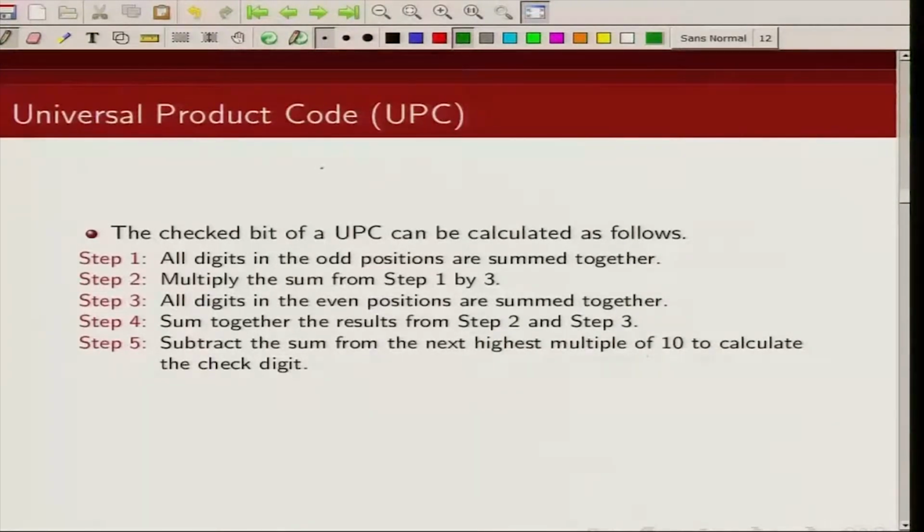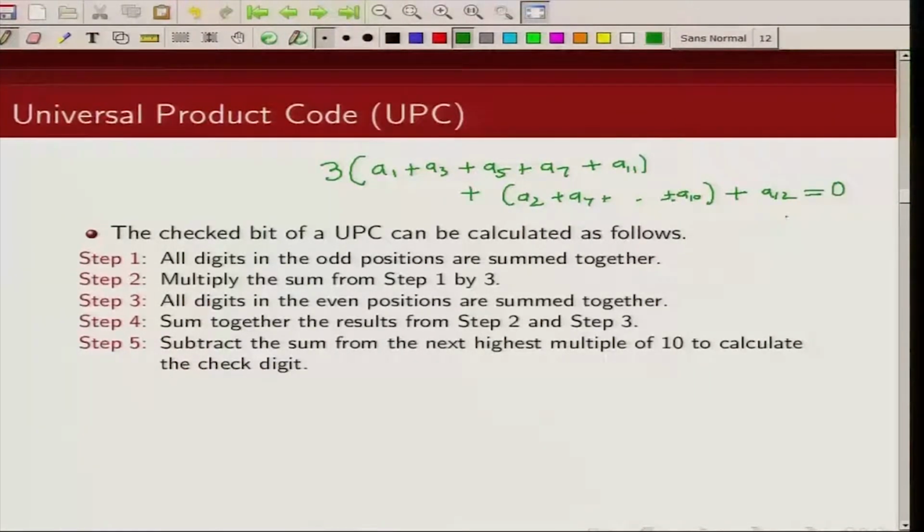So what I am saying is, you have 3 times (A1 plus A3 plus A5 plus A7 plus A11) plus A2 plus A4 and so on, and when you add them all up, together with your 12th digit, that should add up to 0 modulo 10.